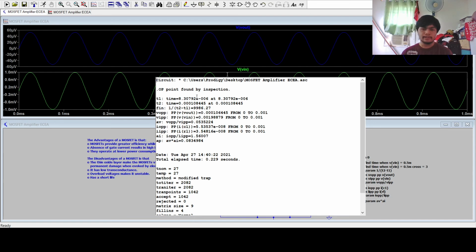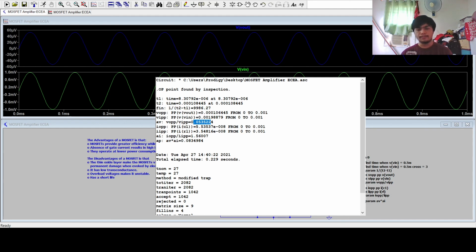As we see here, we have the extracted values of T1, T2, and the frequency input of 9986.27. We have the extracted values of voltage output peak to peak and voltage input peak to peak with the voltage gain of 0.0535224.